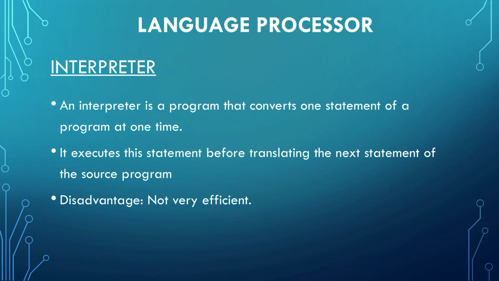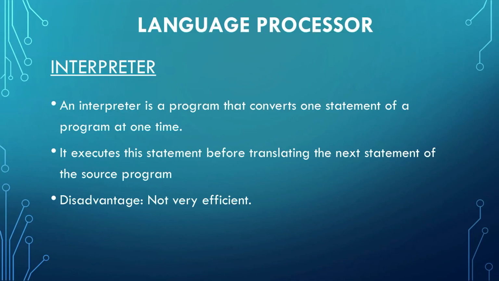Now imagine I provide one file having some different instructions in high level language or source code to the interpreter. Now it will take the first instruction, convert it into object code, execute it. Now it will come to the second instruction, convert it into object code, execute it.